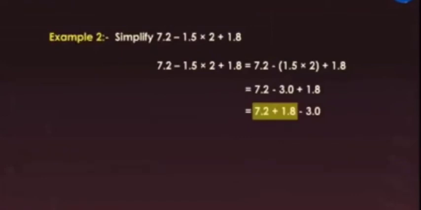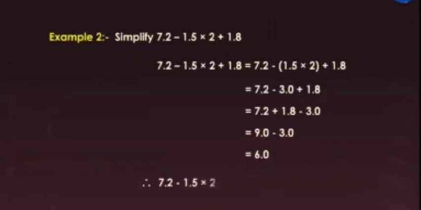And then subtract 9.0 minus 3.0, which is 6.0. Therefore, children, we can see here 7.2 - 1.5 × 2 + 1.8 = 6.0.